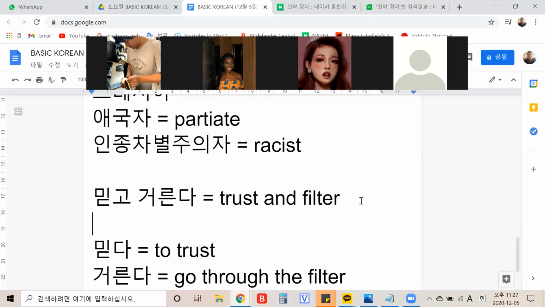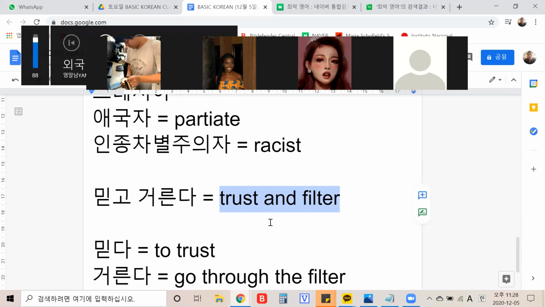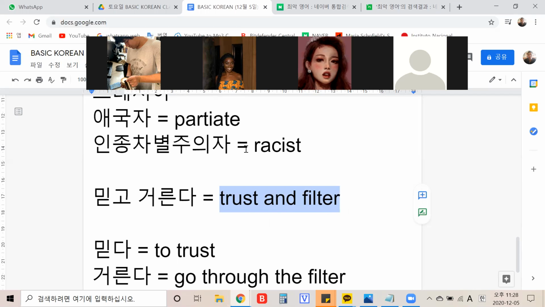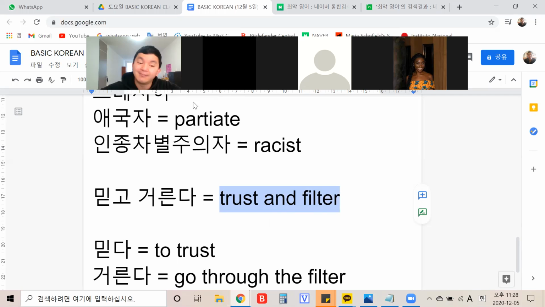But let me ask you. Bere, just consider the English meaning, and can you tell me what kind of example, what situation, of trust and filter in your life? Did you ever use this in your life, by the way? Bere? Trust and filter. I don't know. I think there's a word, be honest.